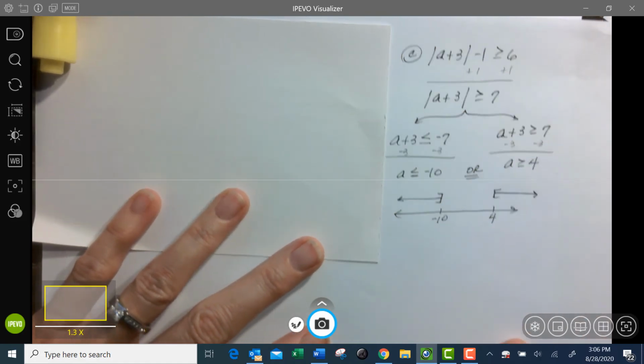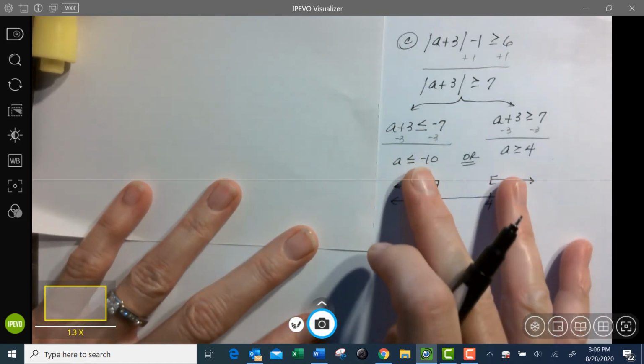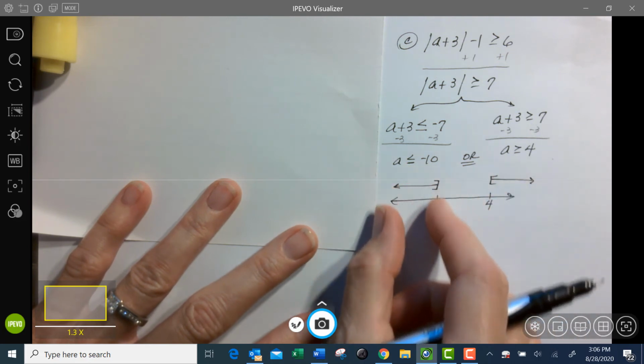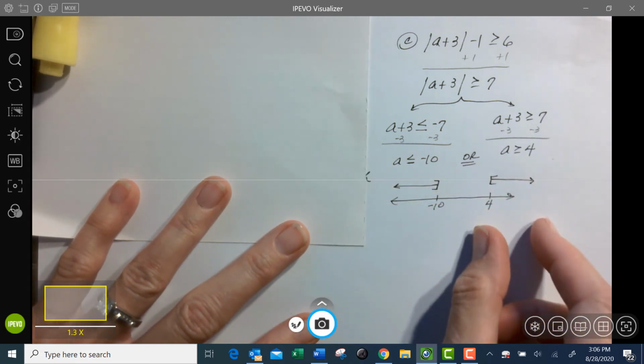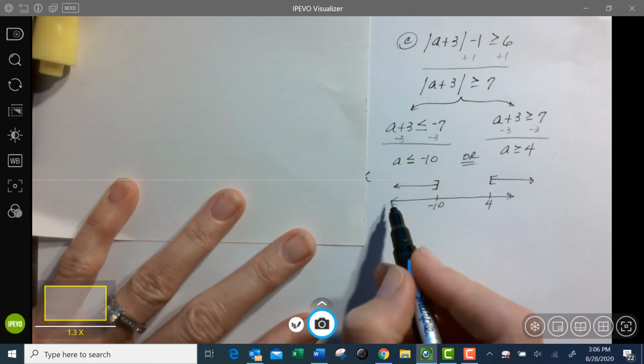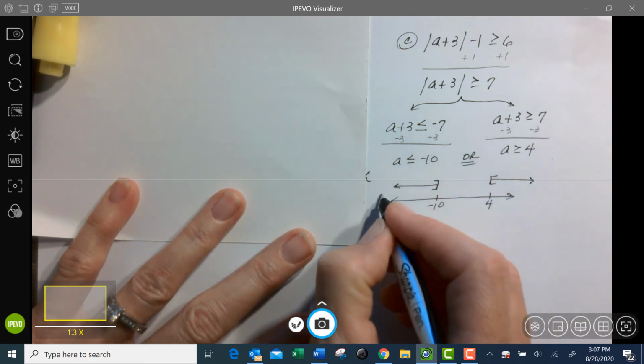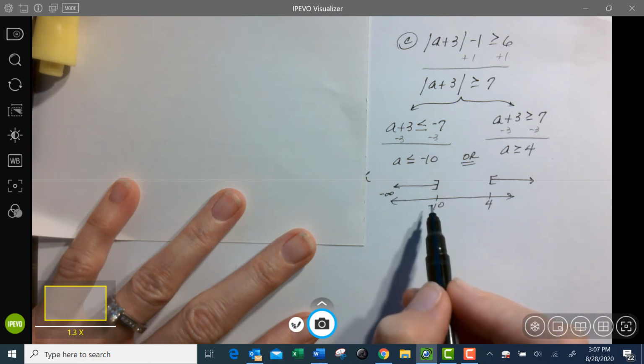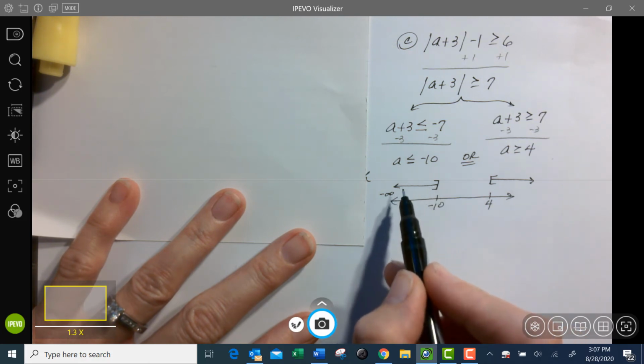Now to write these solutions under these 2 bars in interval notation, I have to have 2 intervals, one for this segment and one for this segment. The leftmost value, this arrow is going toward -infinity. So I'm going from -infinity to -10 underneath this left bar.